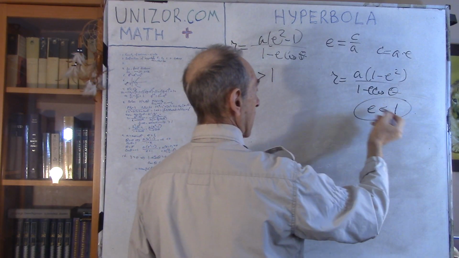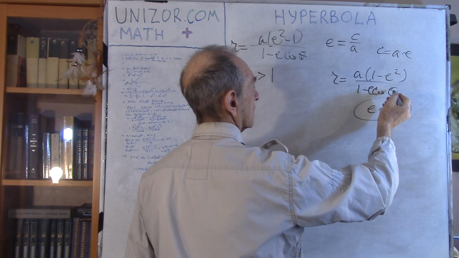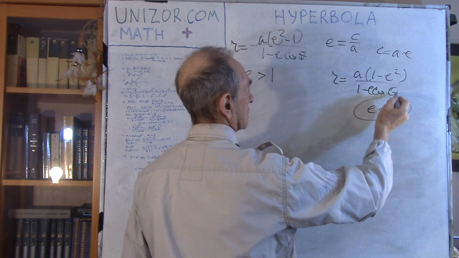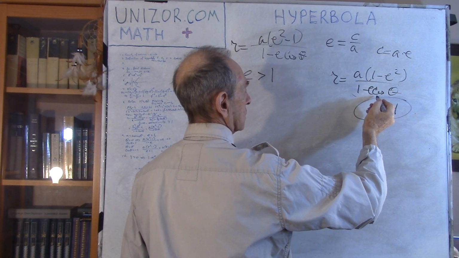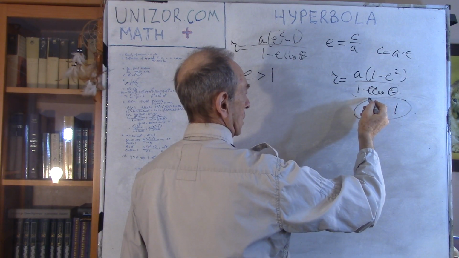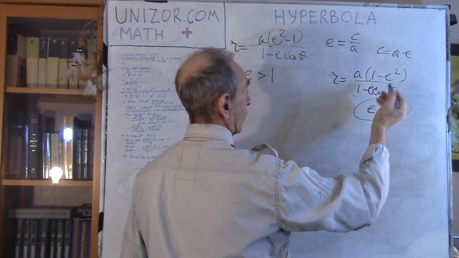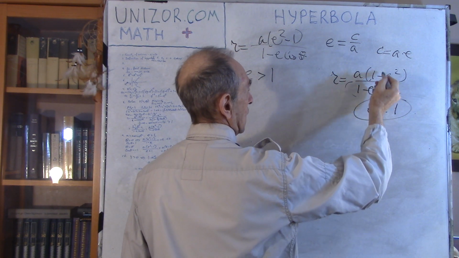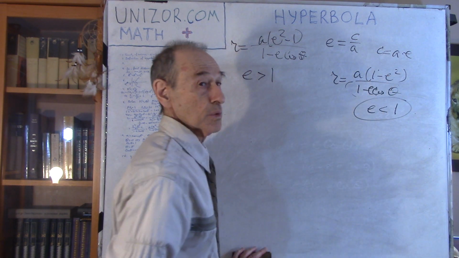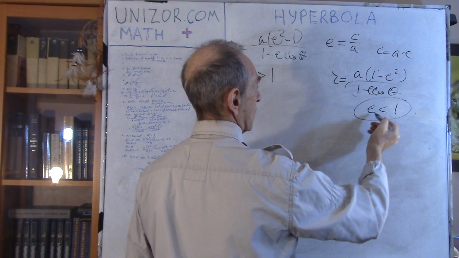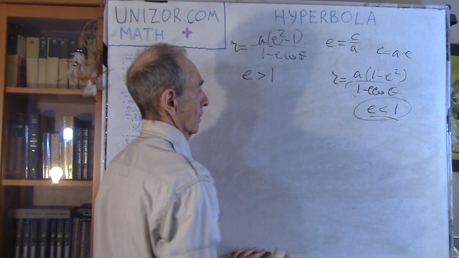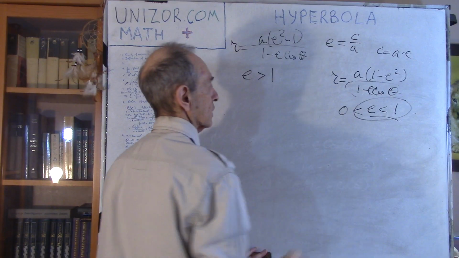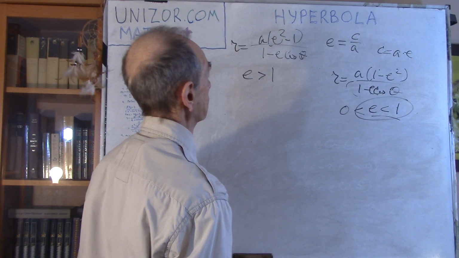So for ellipse, for any theta, we had the denominator positive because cosine is less than or equal to 1 and e is less than 1, so it's always positive. And the numerator is always positive because it's 1 minus e squared and e is less than 1. Well, and greater than 0, obviously. We're talking about positive eccentricity.